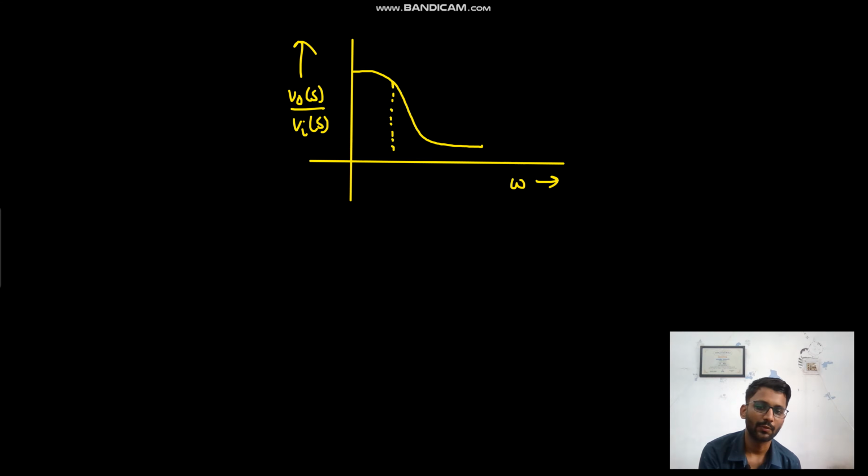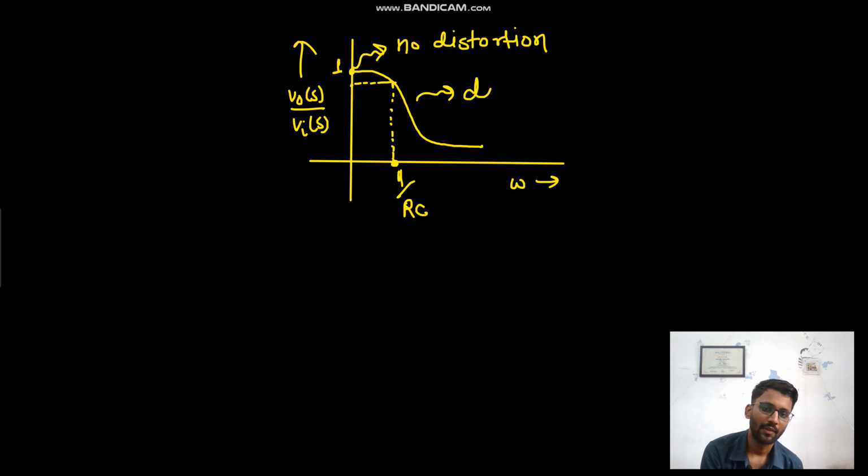This is the frequency response of the RC low pass filter, and this is the 3 dB cutoff frequency, that is 1 by RC, and here we have gain 1. So only at 0 frequency do we have no distortion. After that we will have some distortion.